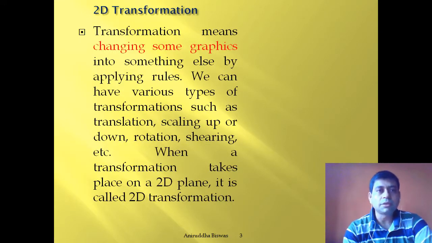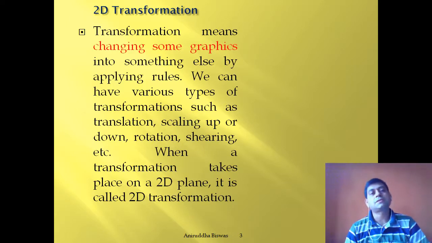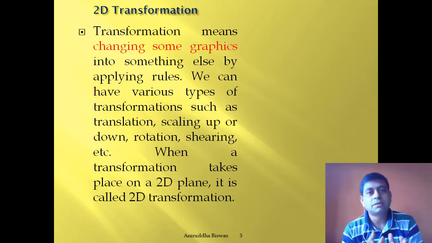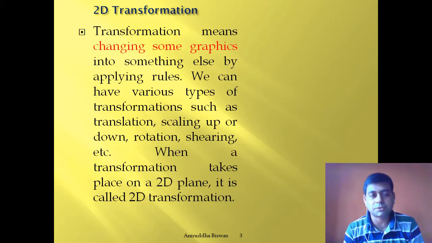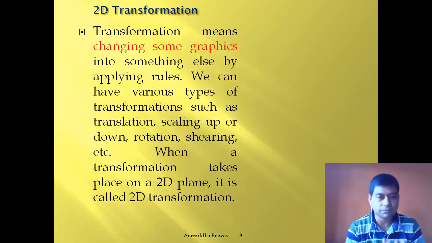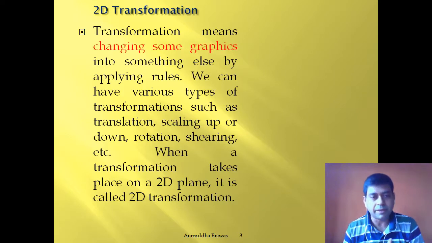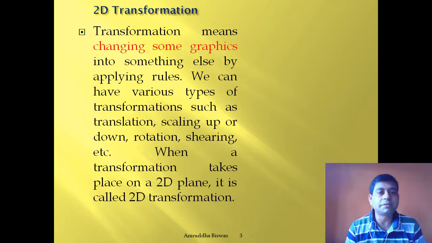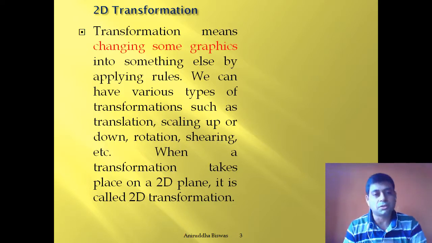Start with the 2D transformation. Transformation means changing some graphical shapes or position, right? So what are the different types of transformation? Translation is shifting the place or changing the position. Scaling means the size of the entire object is either increased or decreased.